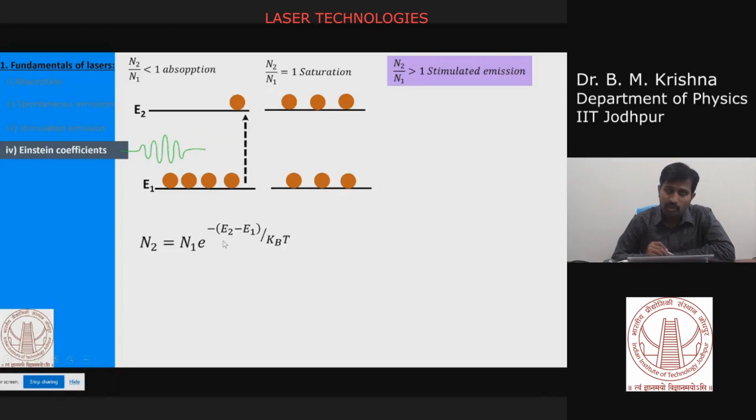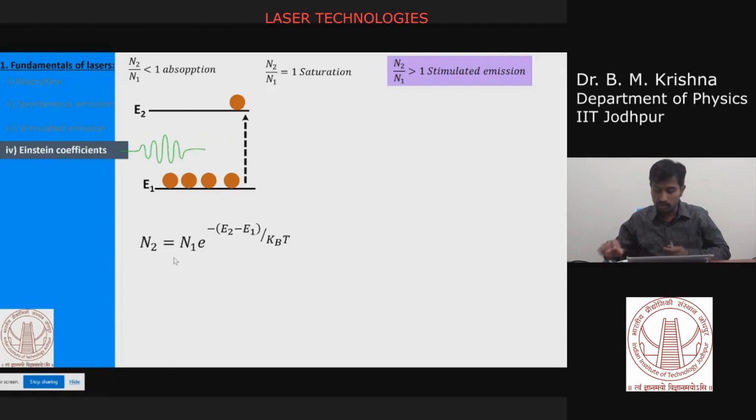That means when you have electron spin up and spin down, the state has the same energy. Those states are called degenerate states. For the degenerate states, you introduce G1 and G2. So that means you have N1 G1 by G2. You can introduce these when you consider the electrons at low temperature conditions.